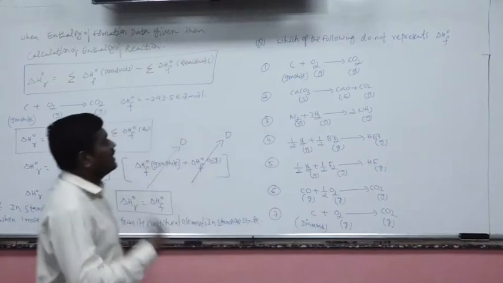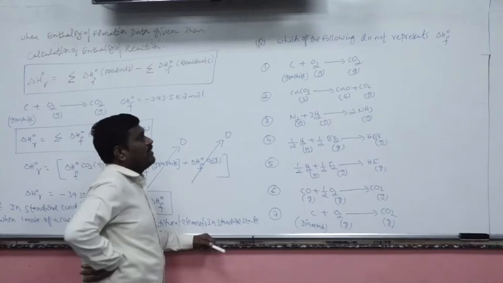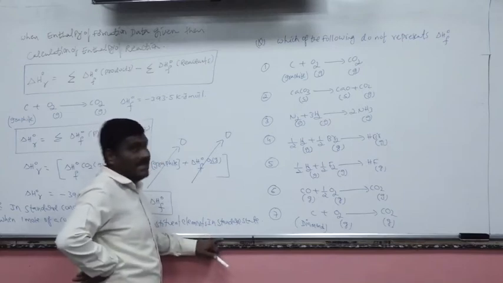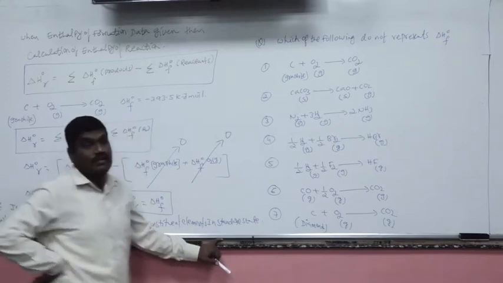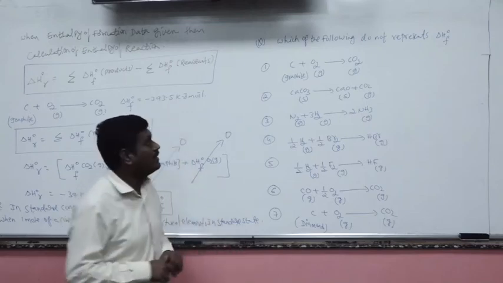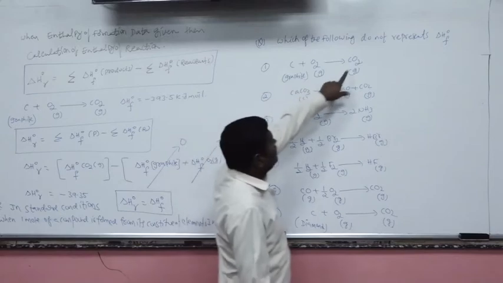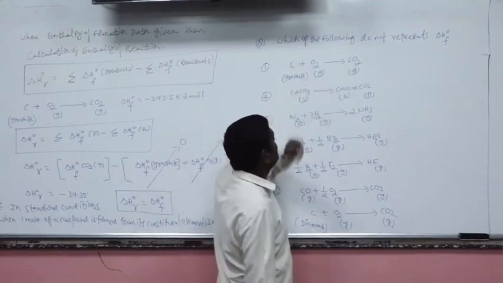Now, what are the conditions for standard enthalpy of formation? It is the change in enthalpy when 1 mole of a substance is formed from its constituent elements in standard condition, isn't it? That is very important. Now, in the first case, 1 mole CO2 is forming from its constituent elements carbon and oxygen, isn't it?